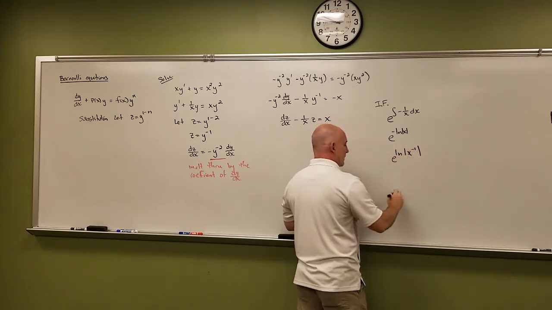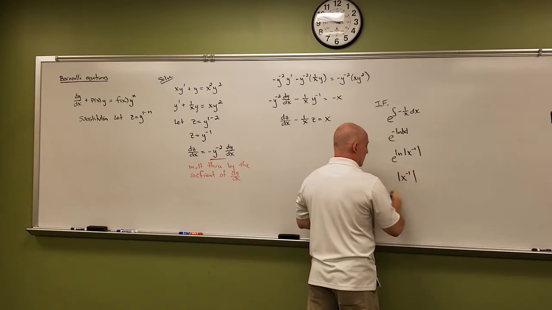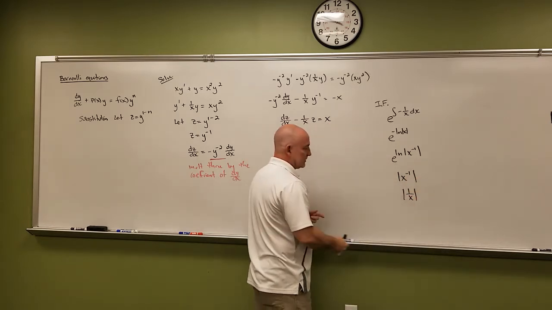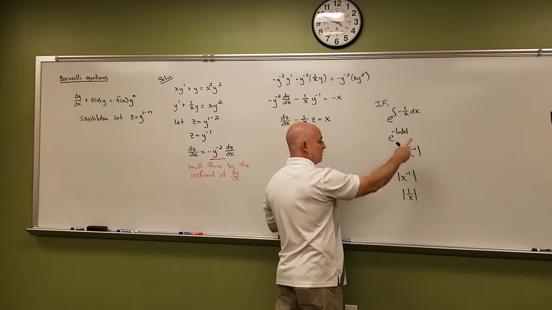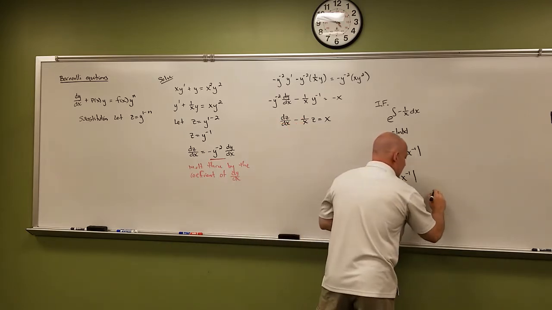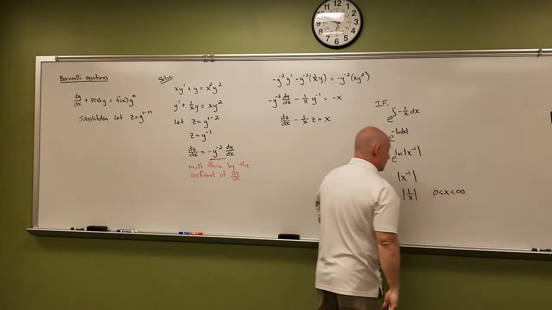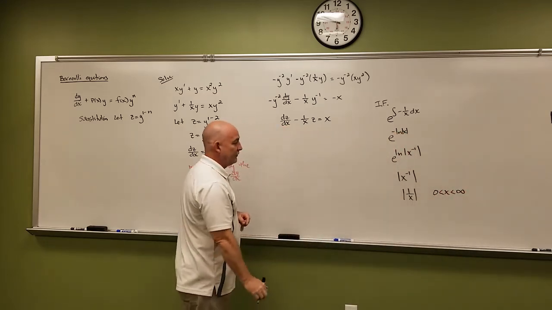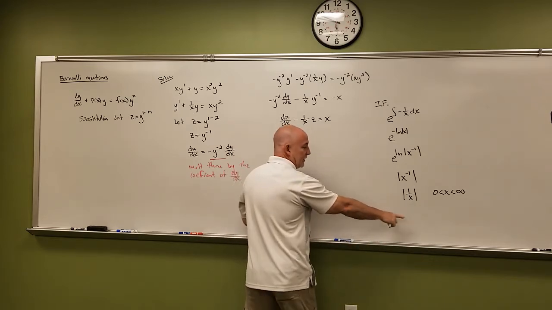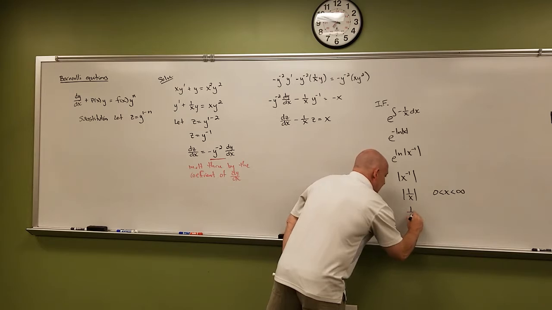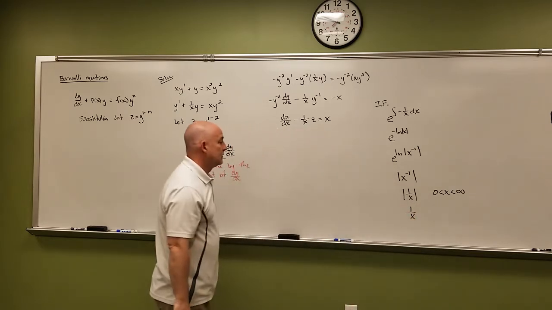Now, I know x can't be 0 here. Let's just go ahead, and since it's inside a logarithm, let's make it positive. So let's put x on the interval, say, from 0 to infinity. That means it's positive. I can get rid of it. And notice I didn't include 0 because it's on the bottom. So if I say that that's true, then my integrating factor is just 1 over x.